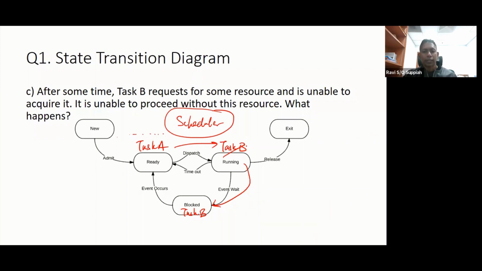That task will then be scheduled to transition to the run state. So two things happen here: task B goes to blocked, and the highest priority task in the ready queue goes to run.